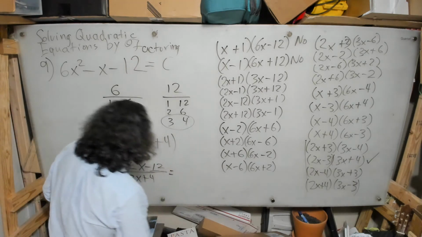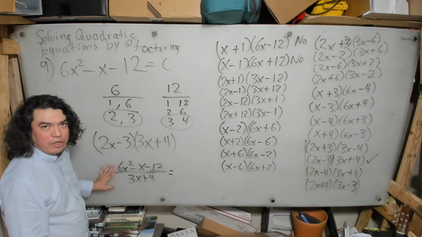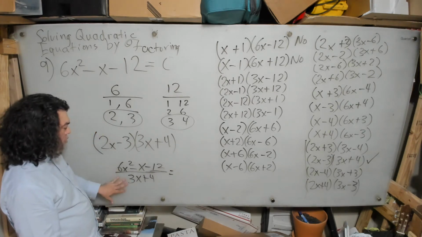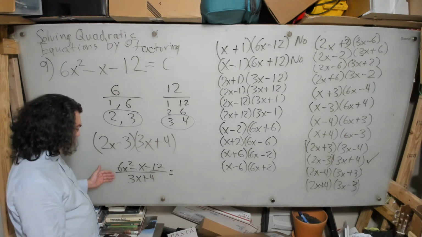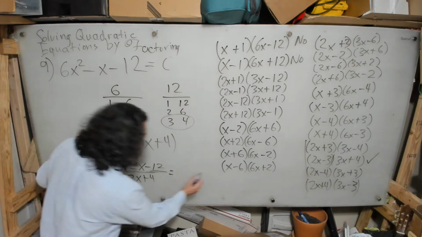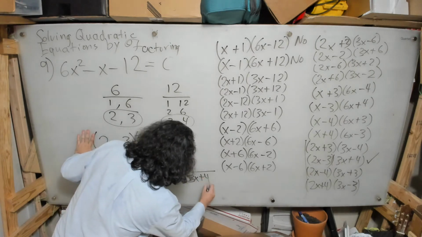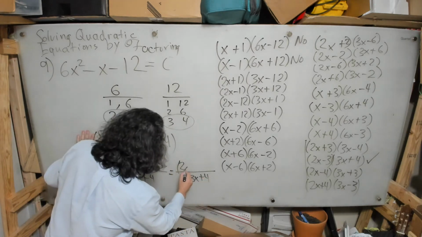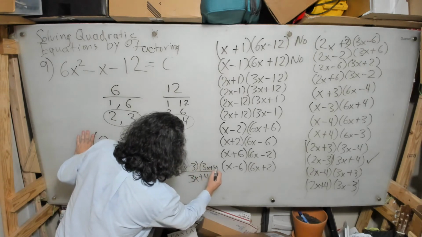We're going to have examples like this later on. Let's say we want to simplify this expression. At first, it looks complicated, right? But what we can see now is that I can replace the numerator with this factorization, 2x minus 3 times 3x plus 4.